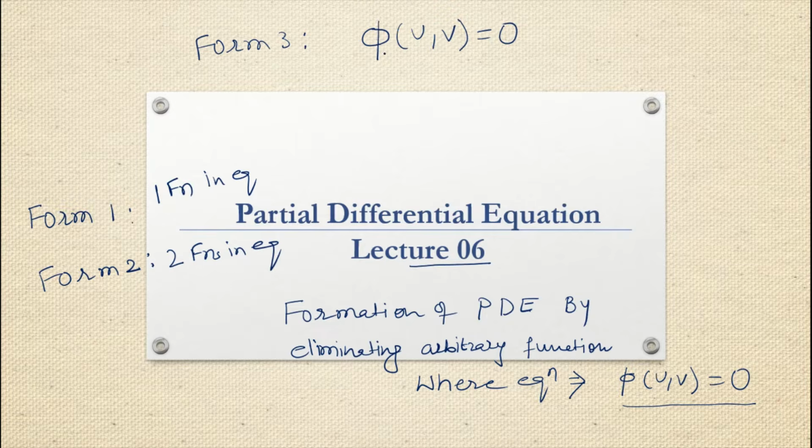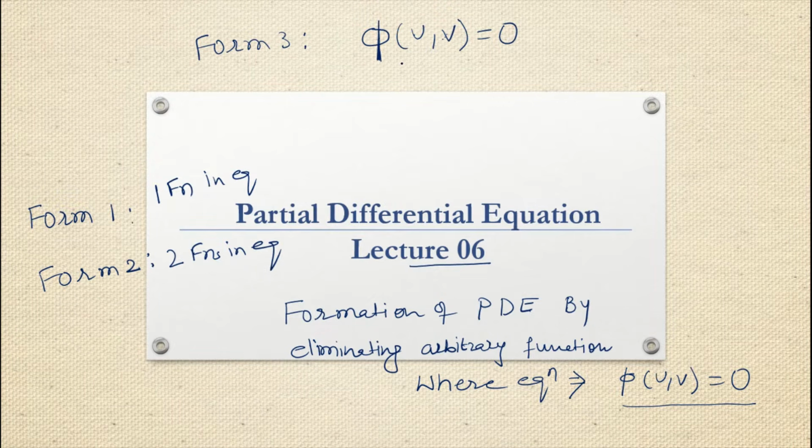Here the arbitrary function is phi. The u and v are also functions, and these are functions of x, y, z.